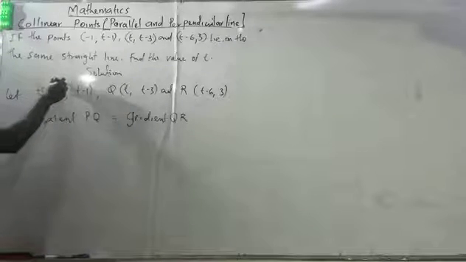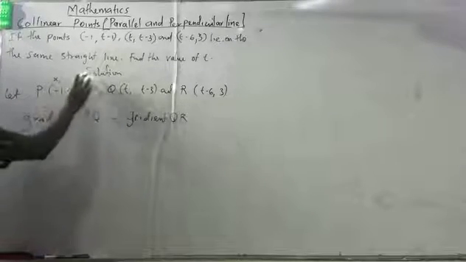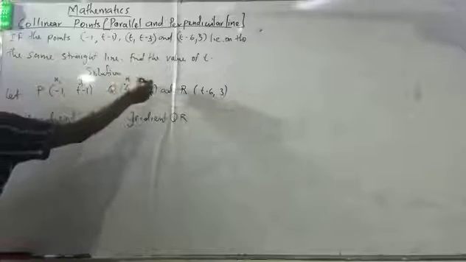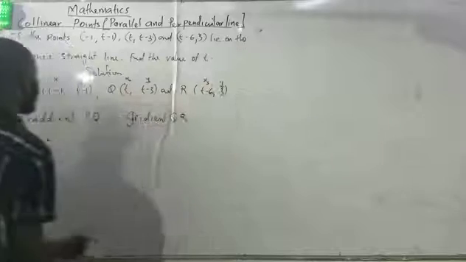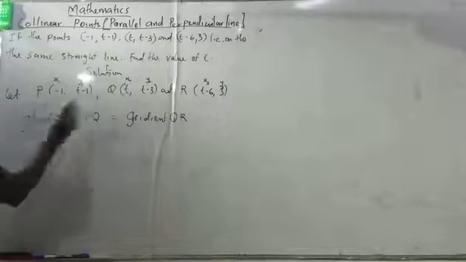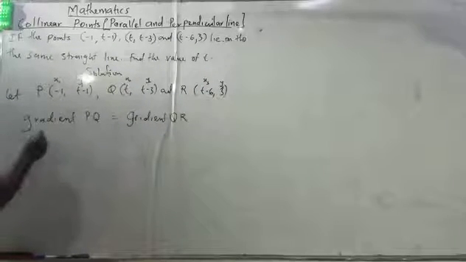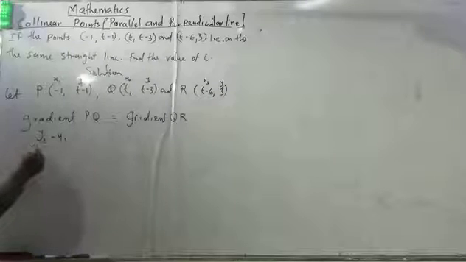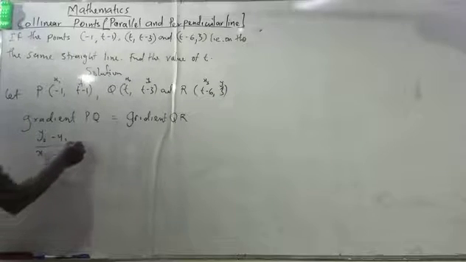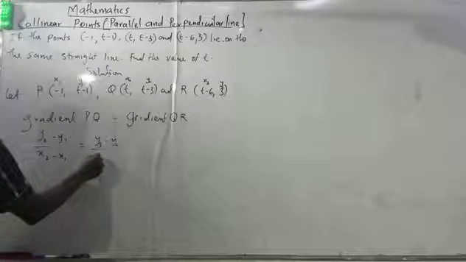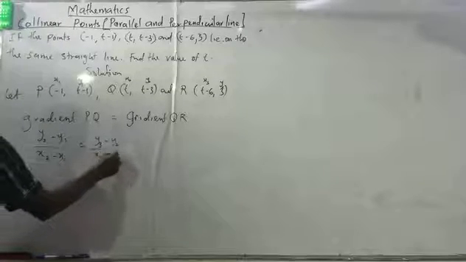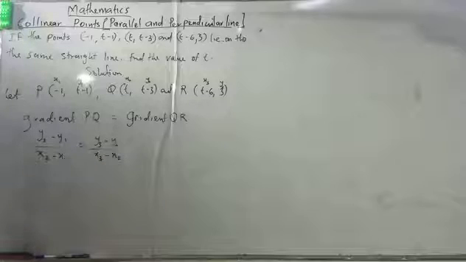Here will be x1, y1, and x2, y2, x3, y3. Now, it means for that gradient, y2 minus y1 divided by x2 minus x1 equals to y3 minus y2 divided by x3 minus x2. That is what you just need to do.